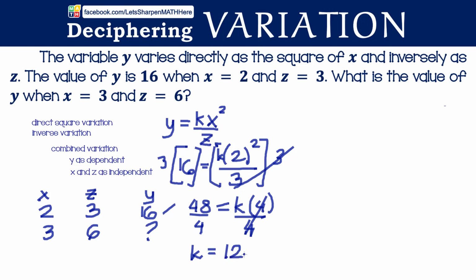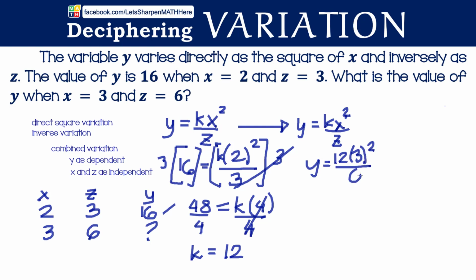This is the value you'll be applying to the same formula in order to get the unknown. So we're solving for y is equal to k x squared over z. So we'll have y is equal to k, which is 12, times 3 squared over 6. We could, of course, simplify this already, but let's just compute this. 12 times 9 over 6.